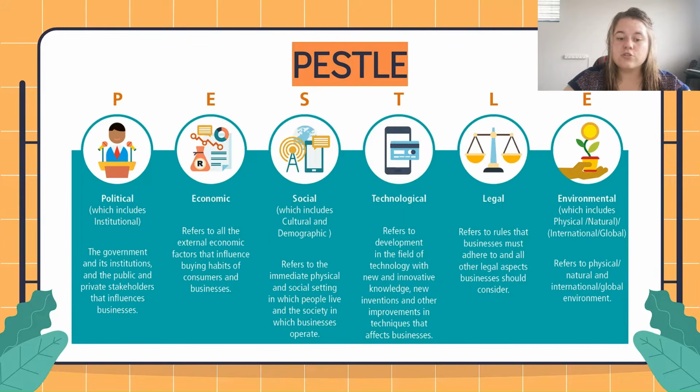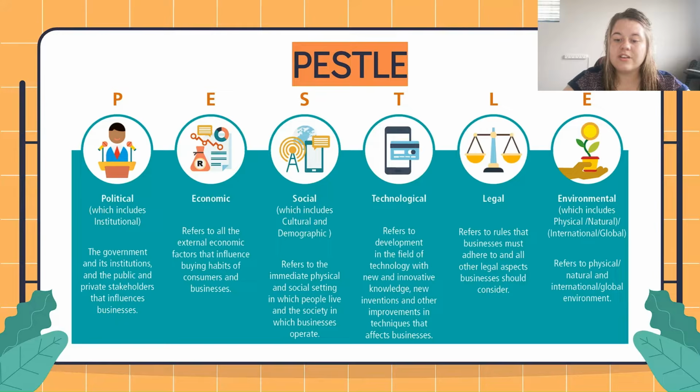Economic. This refers to the external economic factors. So this has to do with what influences buying behaviors of consumers and businesses. Social. This is the immediate physical and social setting in which people live and the society which businesses operate in.